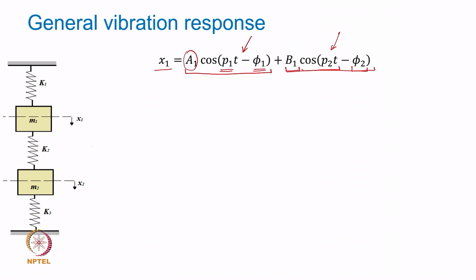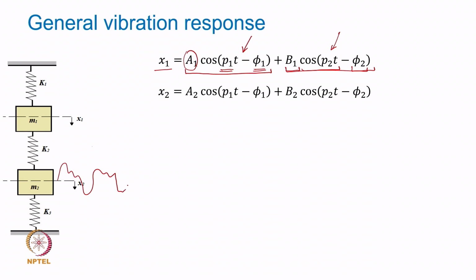The way x1 vibrates and responds by a joint contribution from the first and second modes, we can expect the same thing happening with the second mass. The second mass also will move in a similar way, but now the amplitude of the contribution from the first mode may not be the same as for the mass m1. Why should it be identical? It can be different as well, right.